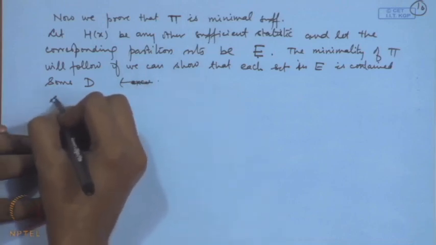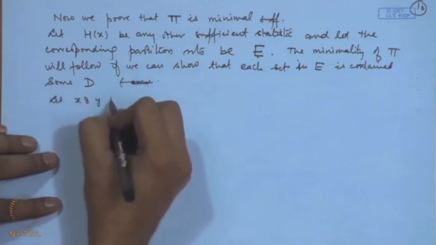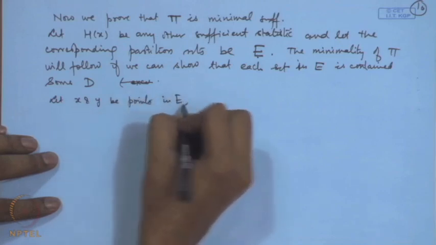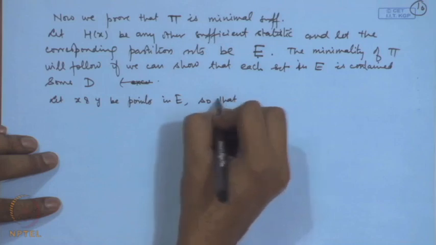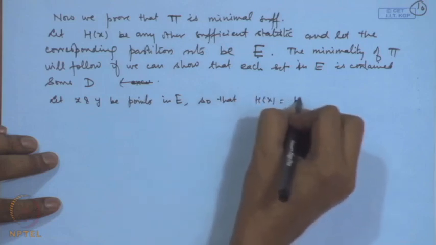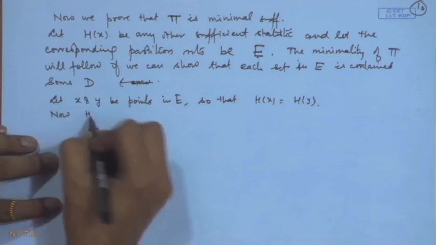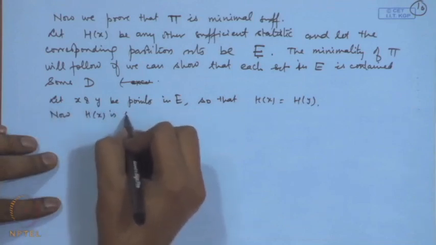So, let us consider x and y be points in E, so that say h(x) is equal to h(y). Now, h is sufficient.